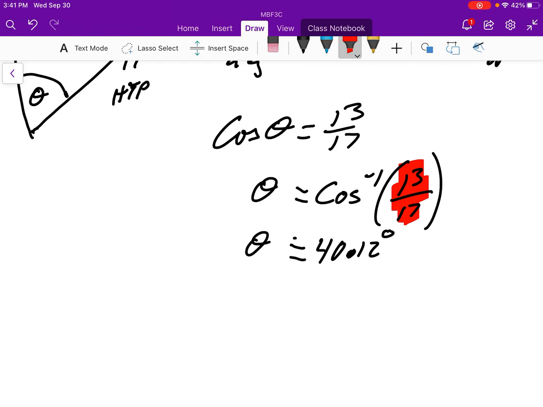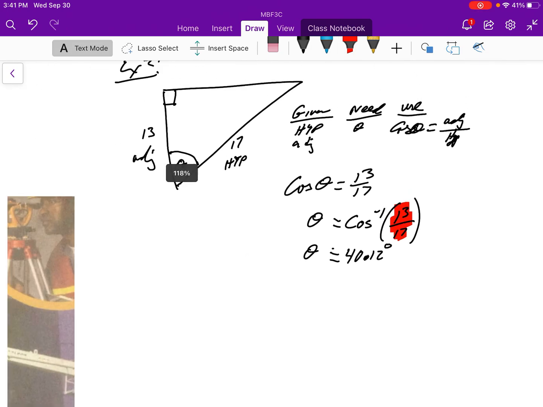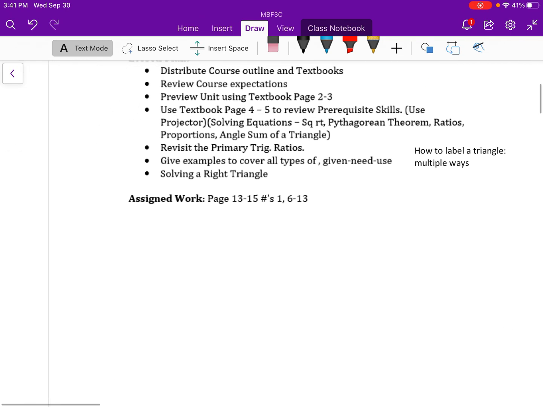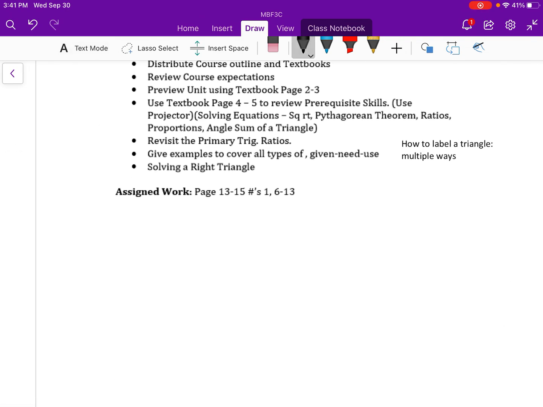However you have to deal with your calculator to get these answers, you need to figure that out, and you need to always use that calculator. Okay? Remember the order of putting in the equation themselves. Okay? You should be able to get to these questions now.